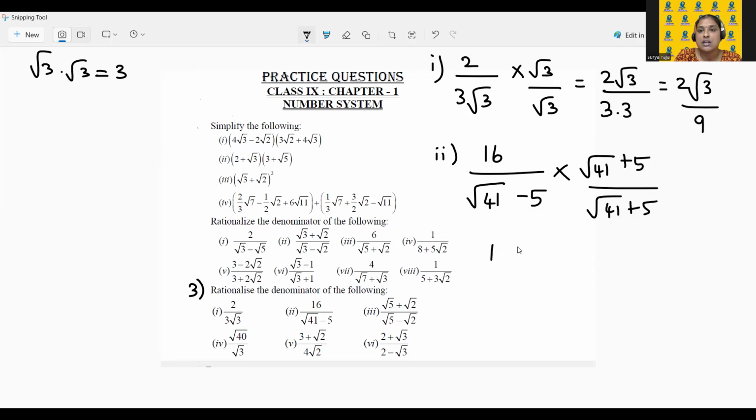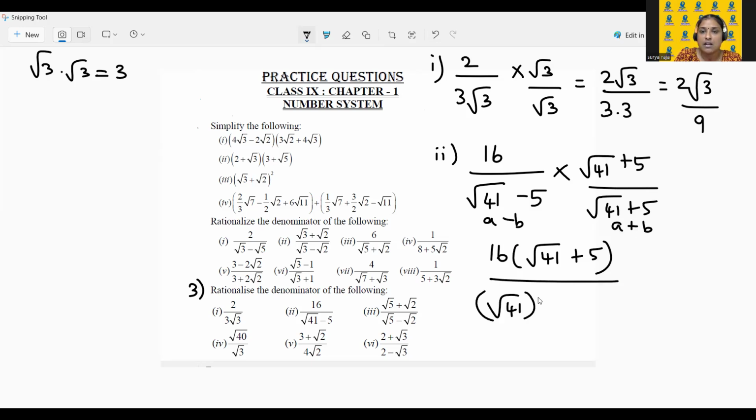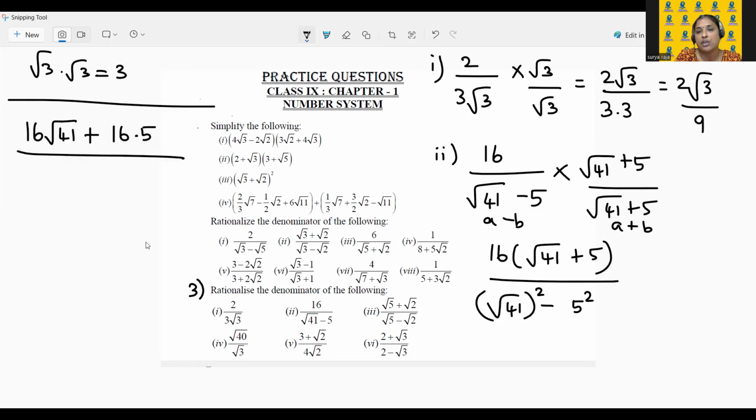So 16 times root 41 plus 5 over a plus b into a minus b, a square minus b square. 16 times root of 41 plus 5 is nothing but 16 square root of 41 plus 16 times 5 over square root of 41 the whole square minus 25, which is 41 minus 25.